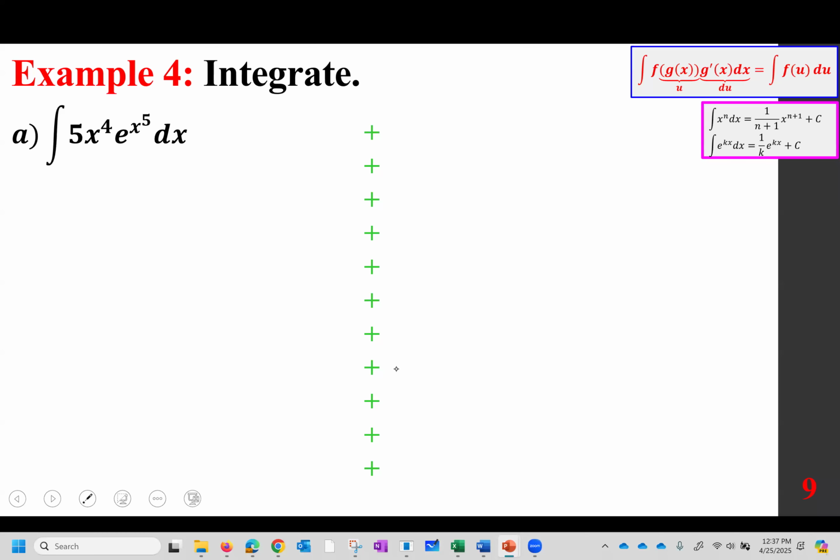All right, what happens when we are dealing with exponentials? In that case, the exponent is a choice of u. So take the derivative, you get 5x to the power of 4. du becomes 5x to the power of 4 dx.